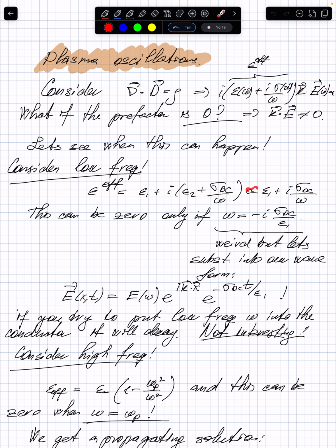So if I look at small frequencies, this term dominates over the first one, and therefore I get this result here.